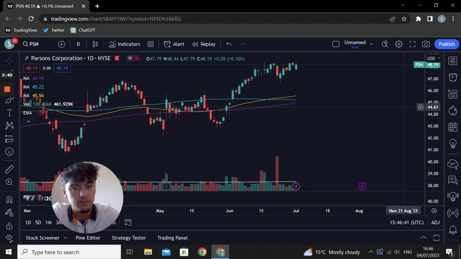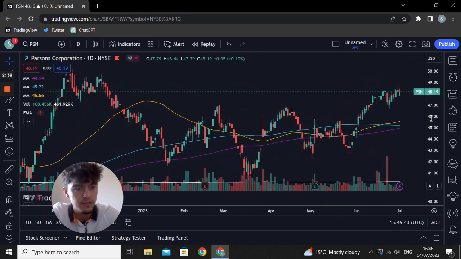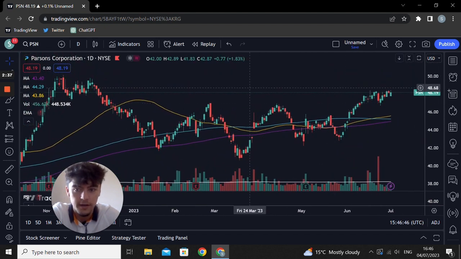So basically we're seeing a cup and handle play out here. Here's the one end, here's the cup, and then this is the handle in a tiny little volatility contraction pattern.